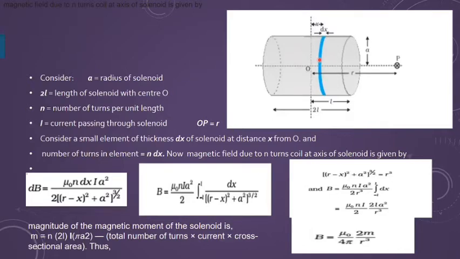It means that due to this ring, which has thickness dx, I want to find the magnetic field at point P. And then to find the total magnetic field because of the solenoid, I will be integrating from the limit minus l to plus l.